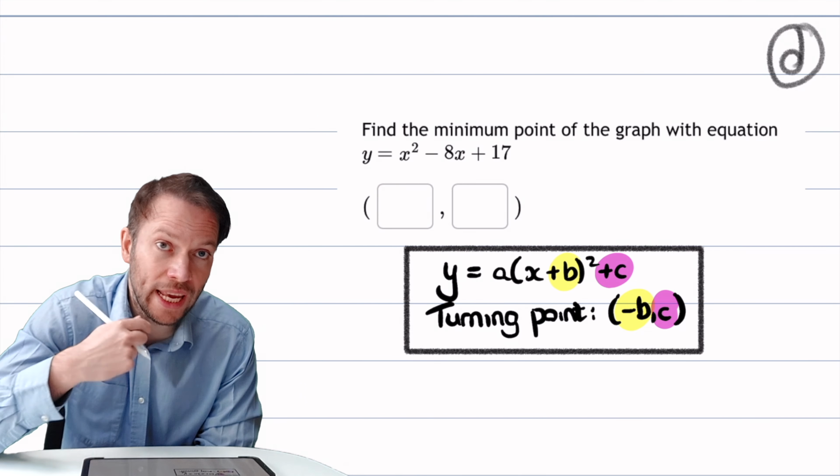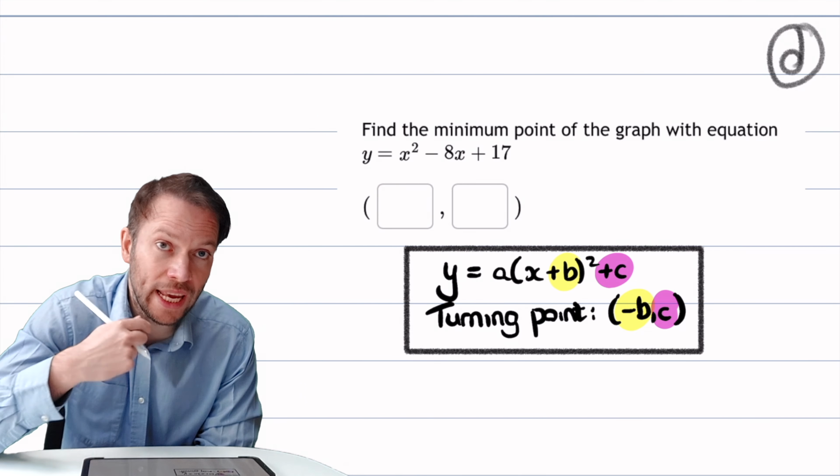And then we can simplify that. Sorry, this is a bit squidged, but let's just do it on the side. We have y equals x minus 4 squared. And then minus 16 plus 17 is just plus 1. Now, as we said, whatever this value is after the x, we just negate that to find the x value of our turning point. So minus 4 becomes plus 4.